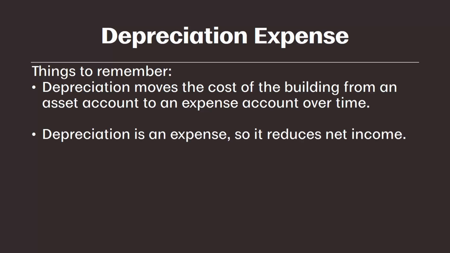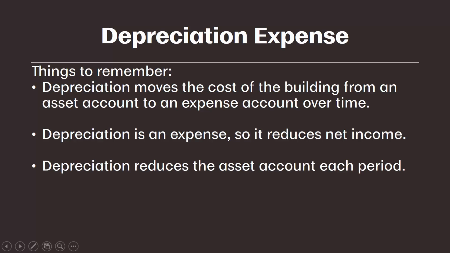Depreciation is an expense, so it reduces net income. And finally, depreciation reduces the asset account each period. So again, the concept is just that first line. Depreciation moves the cost of the building from an asset account to an expense account a little bit at a time. That's all we need to cover right now related to depreciation expense.